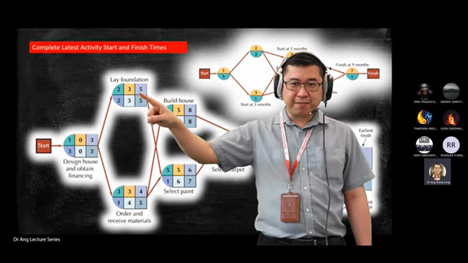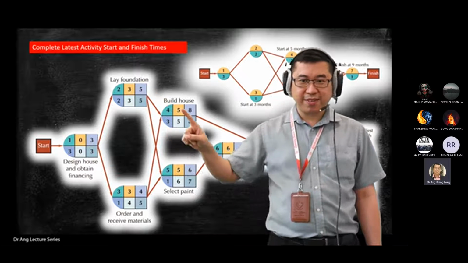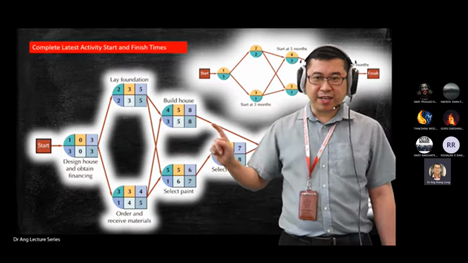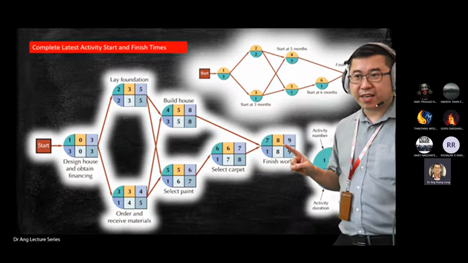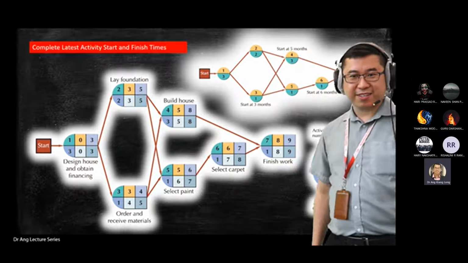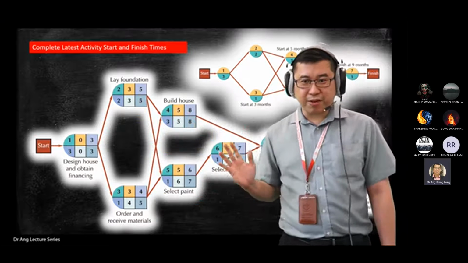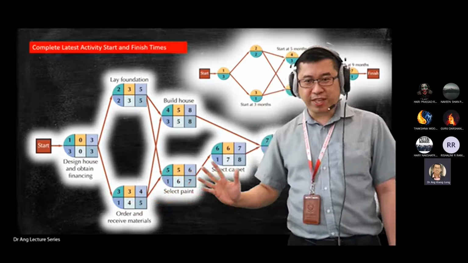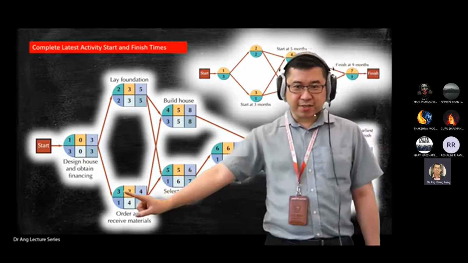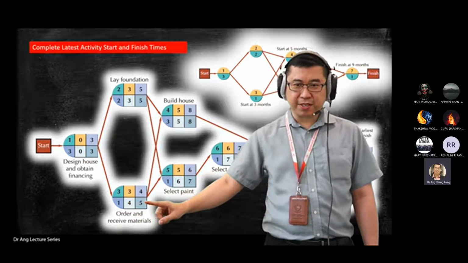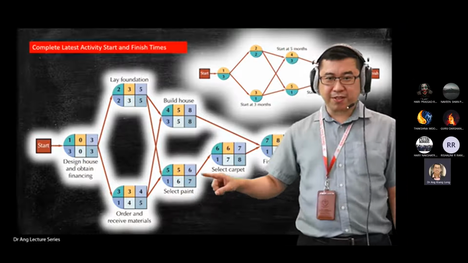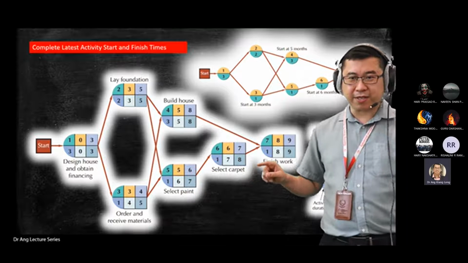This block is also the same. 3, 3, 5, 5, 5, 5, 8, 8. This one 8, 8, and 9, 9. Do you see the pattern here? And then compare it to non-critical. You see this one? Not the same, not the same, not the same, not the same, not the same, and not the same.